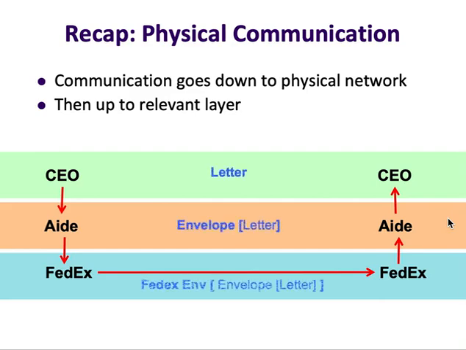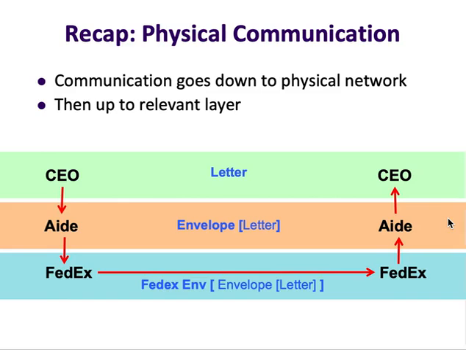Going back to our CEO context, the way each layer knew what to do with the message was through this notion of taking a letter, putting it in an envelope, putting it in a FedEx envelope. And every layer knew how to take something from the layer above it and then how to put it in a format or in a package such that the next layer knew what to do with it.